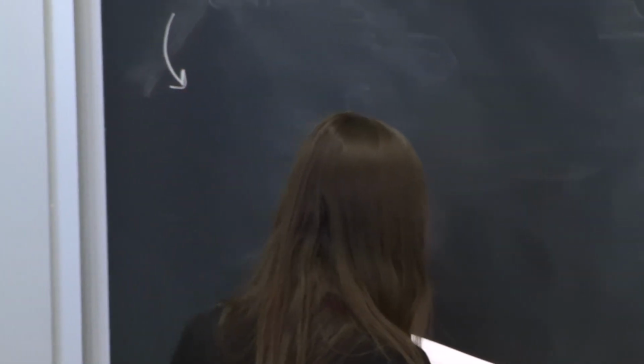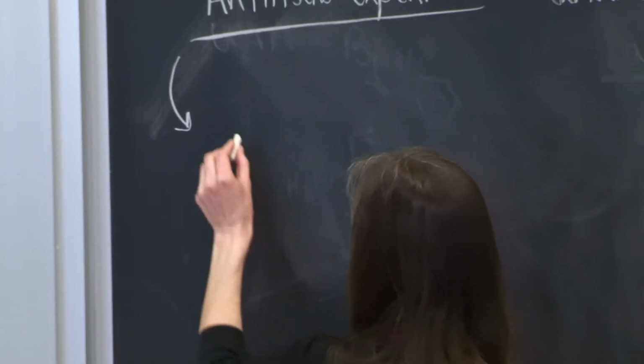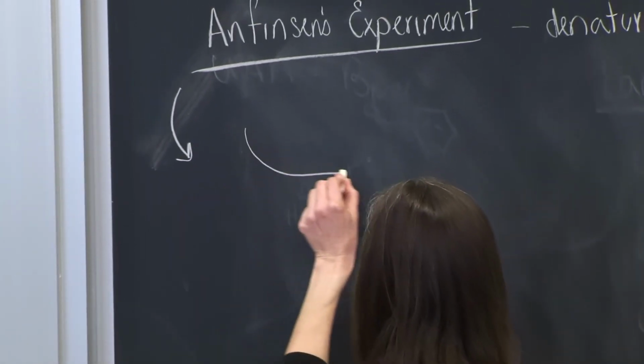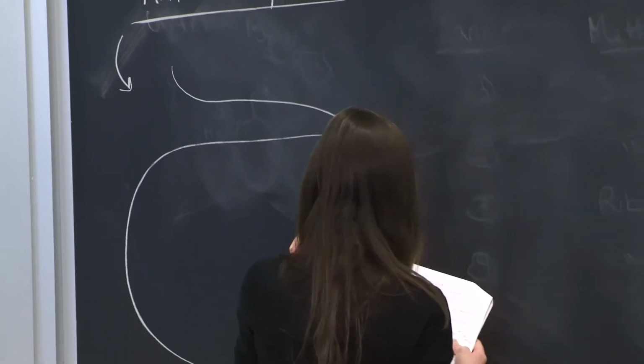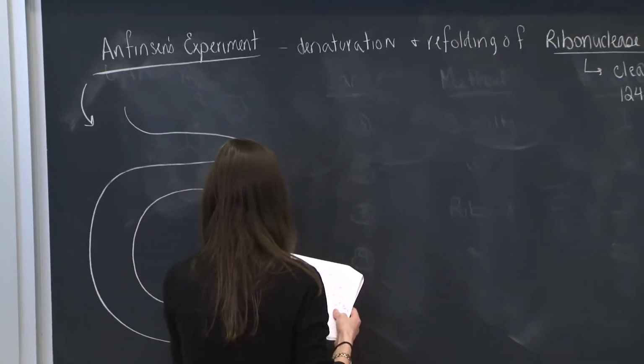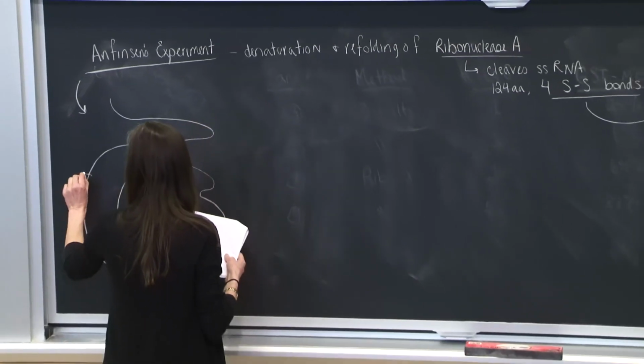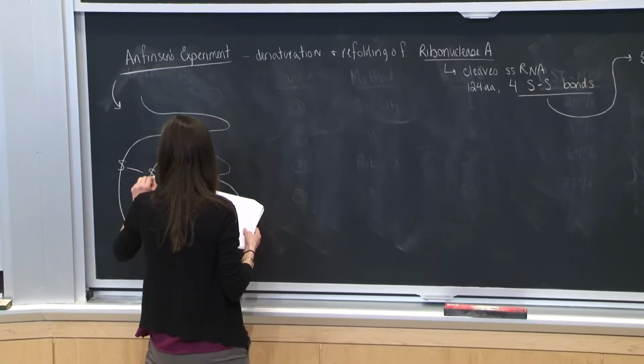The experiment he did was to take native ribonuclease A, and I'm going to just sketch that. Imagine we have the 4 disulfides.